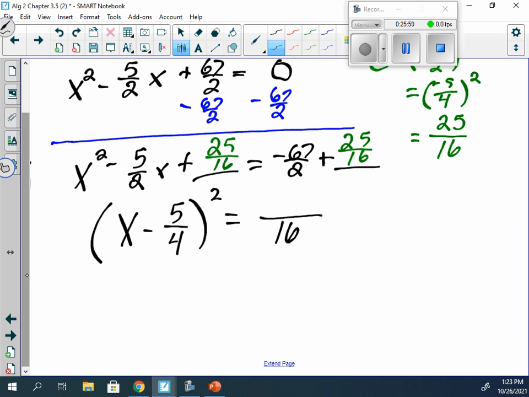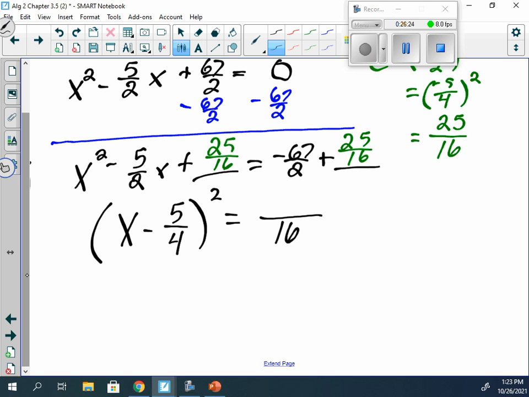Now we need to simplify negative 67 halves plus 25 sixteenths. We need to add those two together. Well, the calculator will do it for us. If we had to do it by hand, we would have to change negative 67 halves into sixteenths. We need to change the denominator to sixteenths so that we can add the numerators. The denominators have to be the same when we add or subtract fractions.